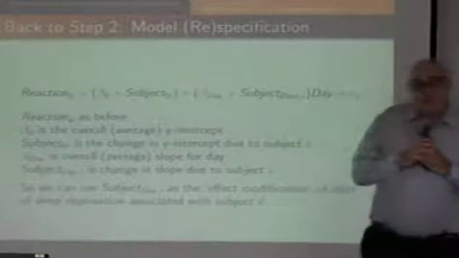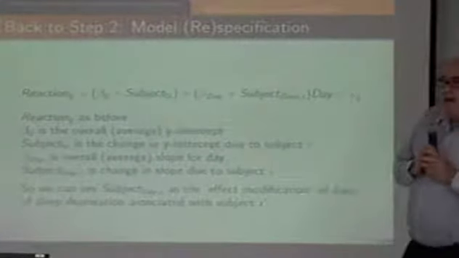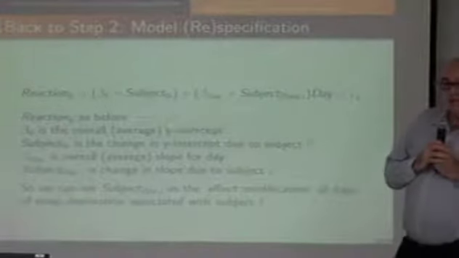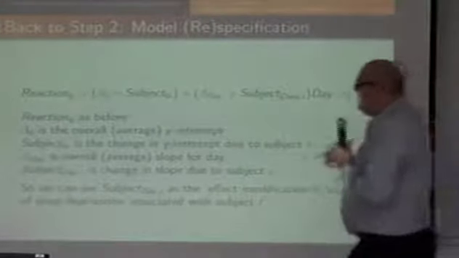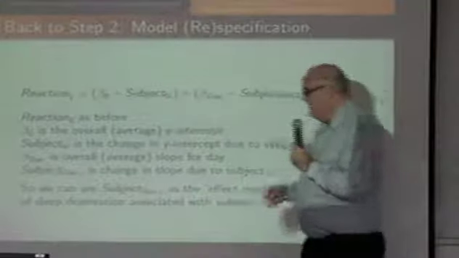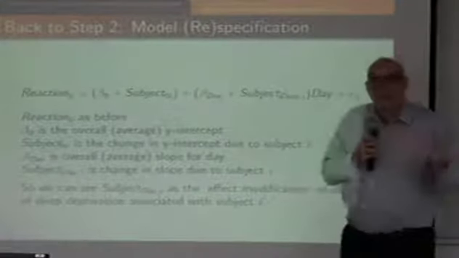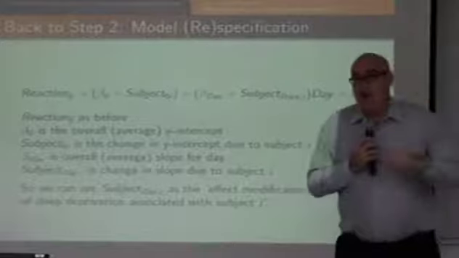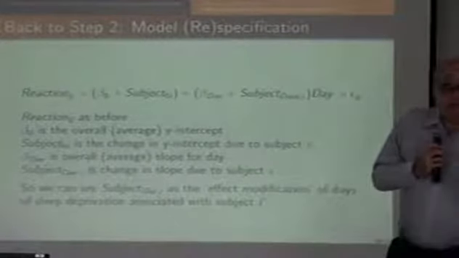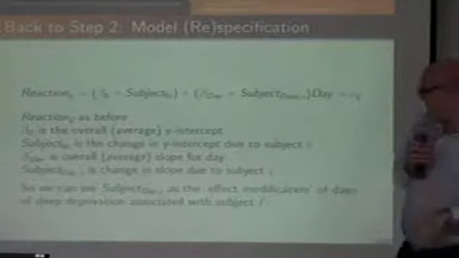So if we think about this in terms of interaction or effect modification, we can see the subject day component as the effect modification of sleep deprivation due to subject I.